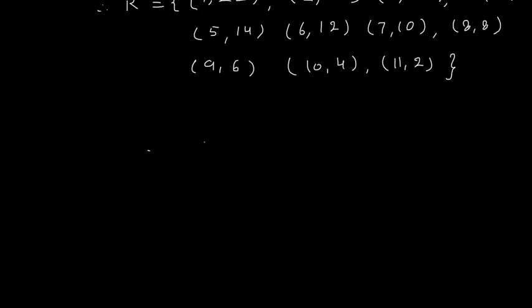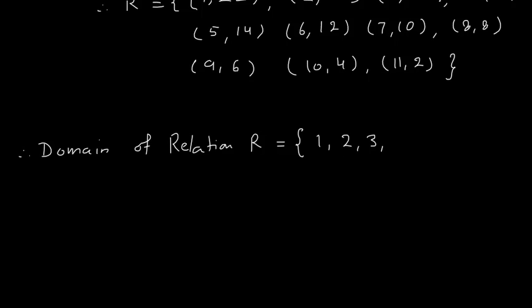Therefore, the domain of relation R is the set of first elements, which is 1, 2, 3, 4, 5, 6, 7, then we have 8, then 9, then 10 and then 11. This is the domain of the relation.